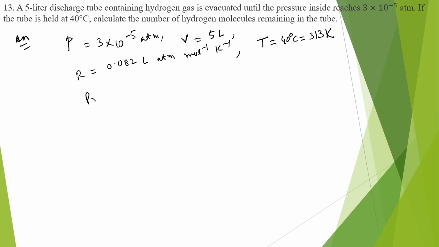So we know PV equals nRT. So n is PV by RT. Now you substitute everything.